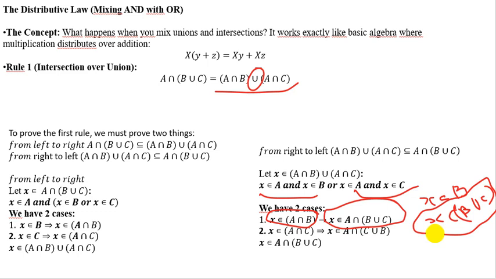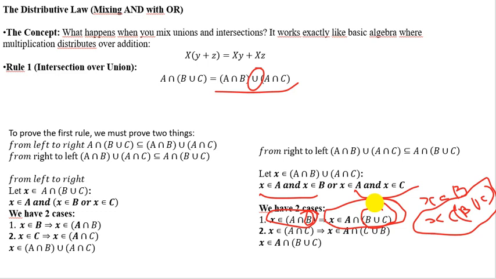So instead of B, we can add any set to B here. Instead of B, we write B ∪ C because it's the same thing. If x is in B, it is in B union anything. Here we need C, so we put C here.